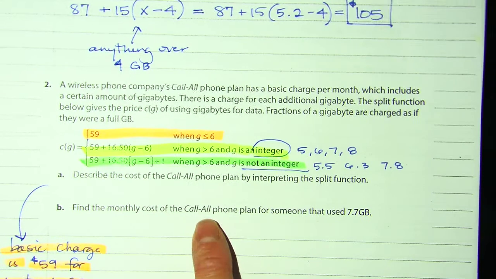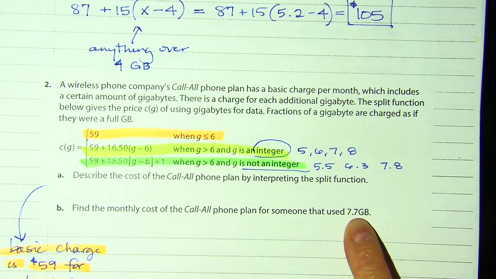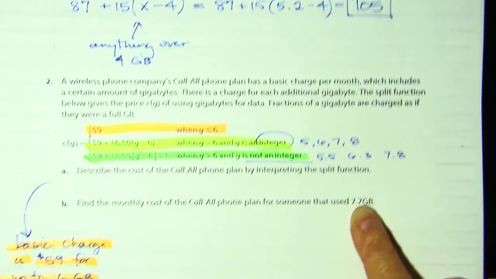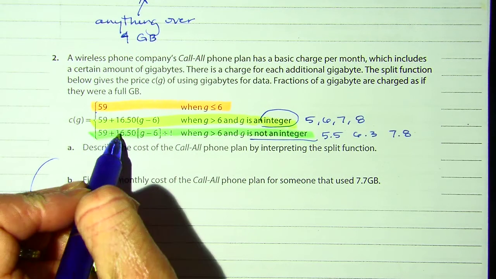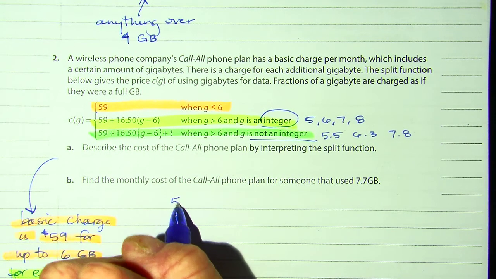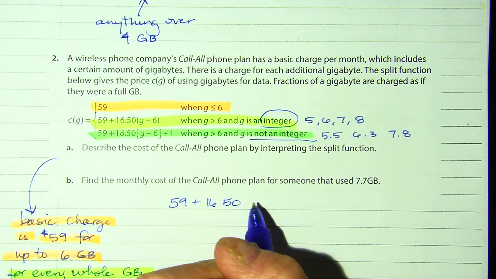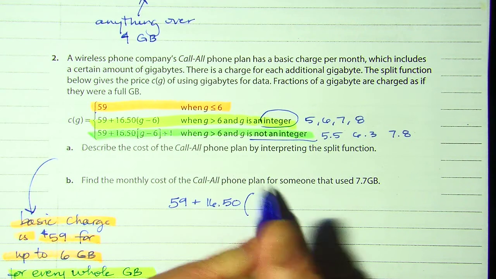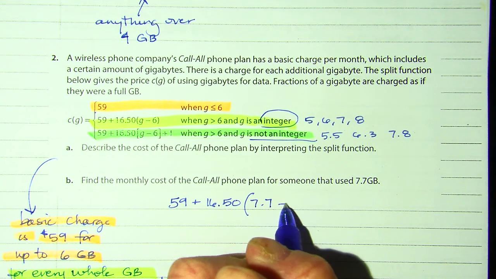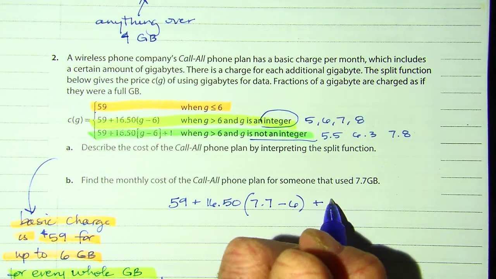Part B, what's the cost for someone that used 7.7? So because this isn't a whole number, I'm going to use this bottom equation. So $59 plus $16.50 times G, which is 7.7 minus 6, and then it's going to add 1.